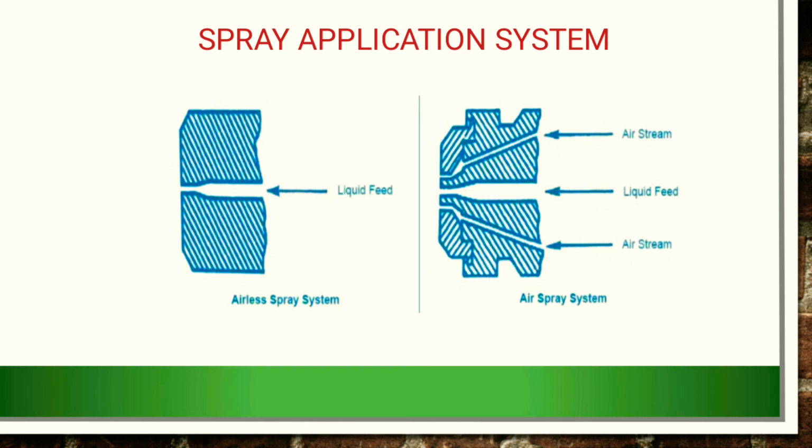Now let's talk about the air spray system. Here the coating solution is pumped under little or no pressure to the nozzle and is subsequently atomized by means of a blast of compressed air that makes contact with the stream of liquid as it passes from the nozzle aperture.